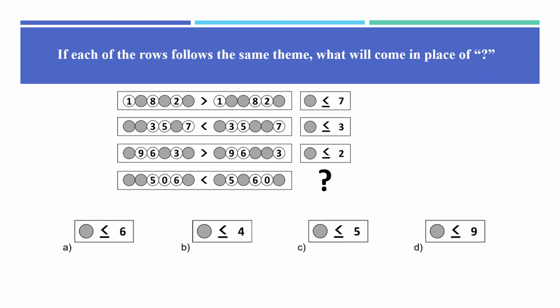Okay, the next question is as on the screen. If each row follows the same theme, what will come in place of the question mark? So let's understand the pattern here. Here they have mentioned the shaded circle's value is less than or equal to 7.